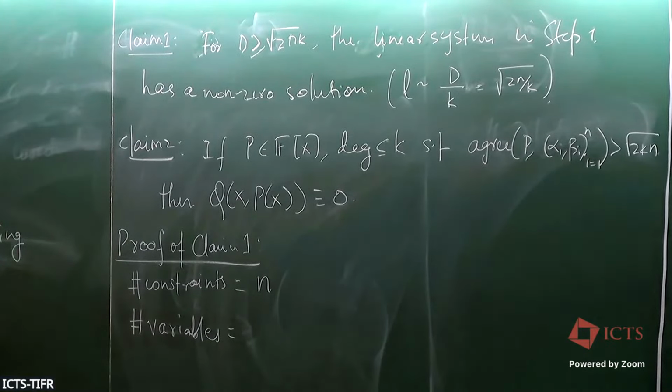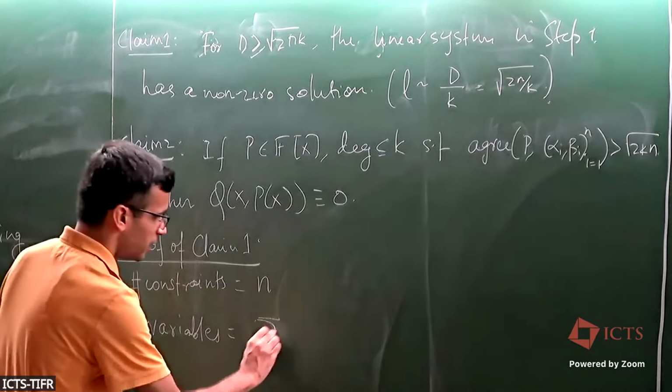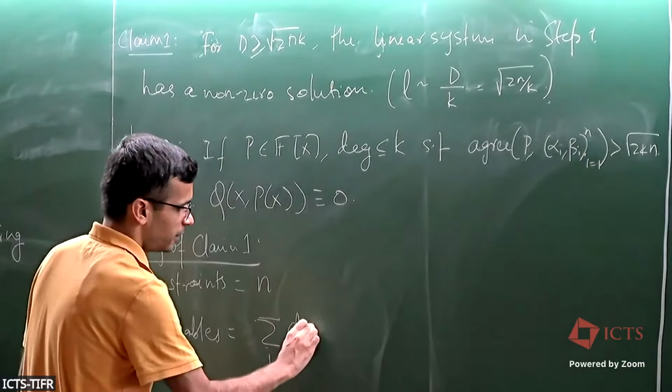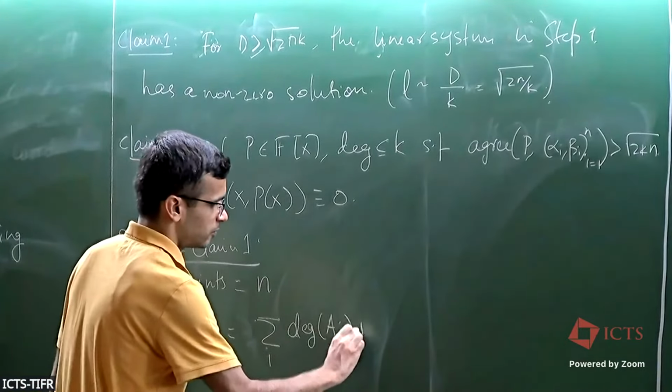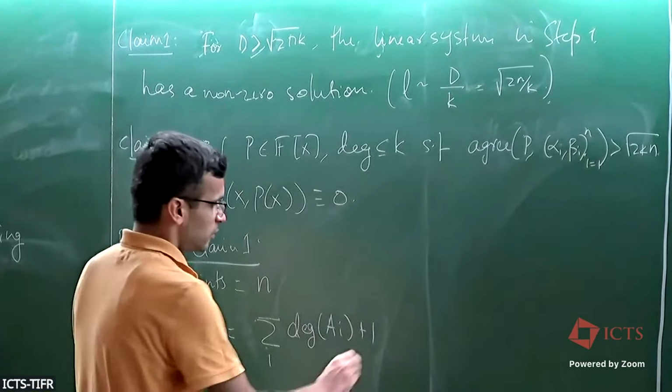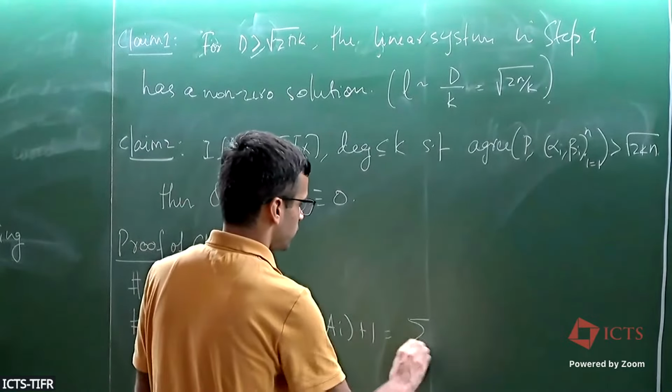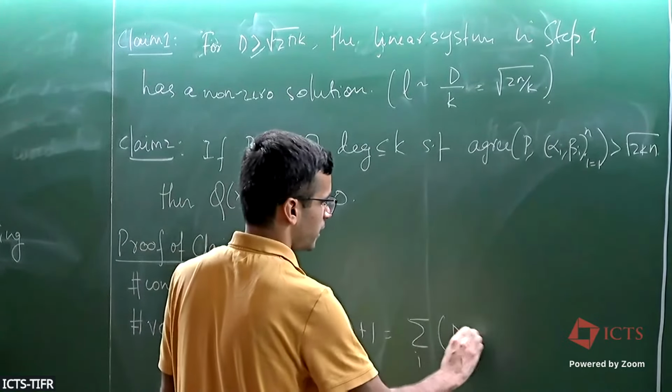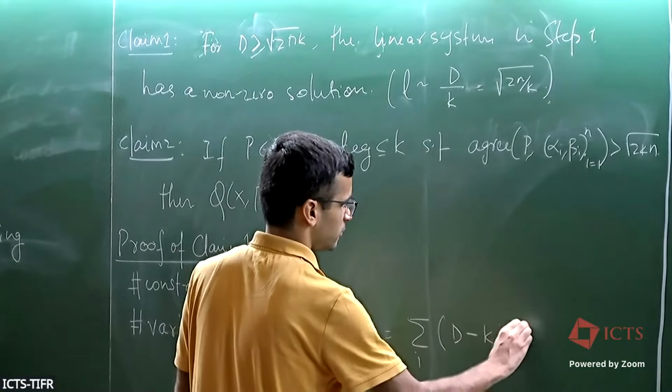The variables come from the coefficients of the A_i. The number of variables contributed by an A_i is one more than the degree of A_i. So this is the sum over i of degree of A_i plus 1, and the degree of A_i is d minus k i.